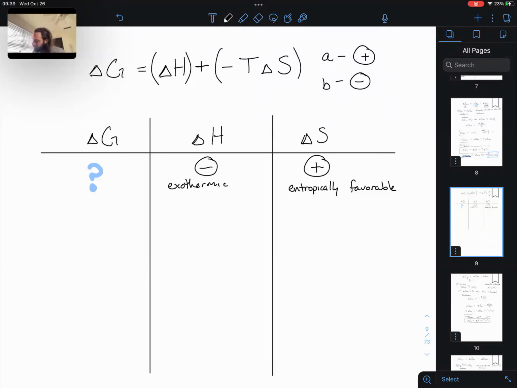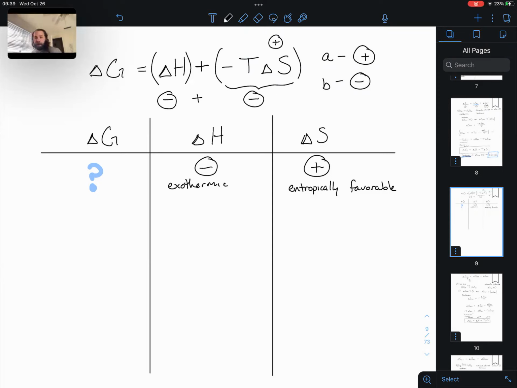So for the delta H, I'm going to plug in a negative value. And then I'm going to be adding negative T times delta S. If delta S is positive, that means negative T times delta S is going to be negative.